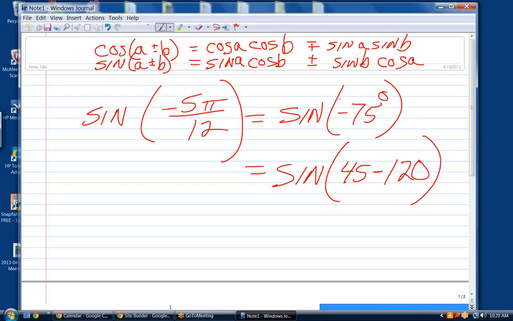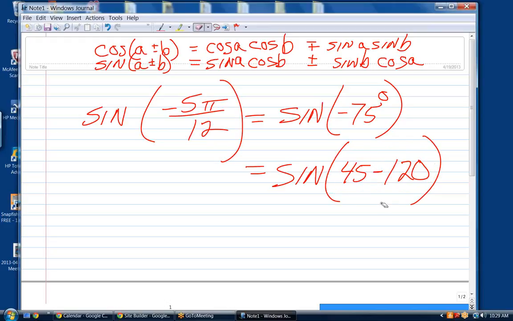In other words, we don't have to know that the sine of negative theta equals negative sine of theta. We can just figure out our two angles that give you a minus 75 and then plug these into the sine sum and difference formula.